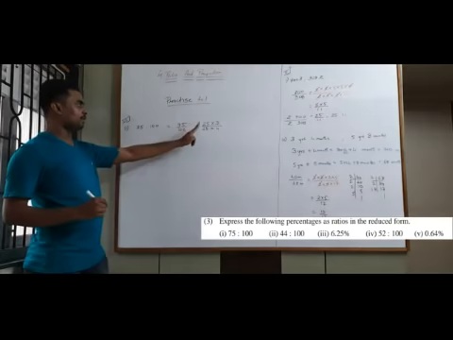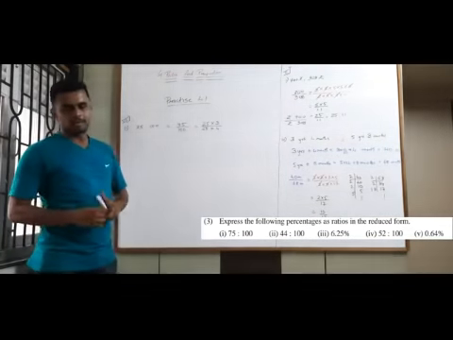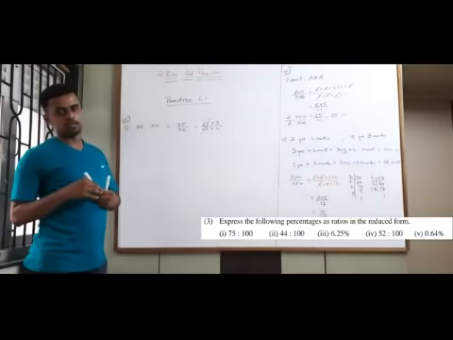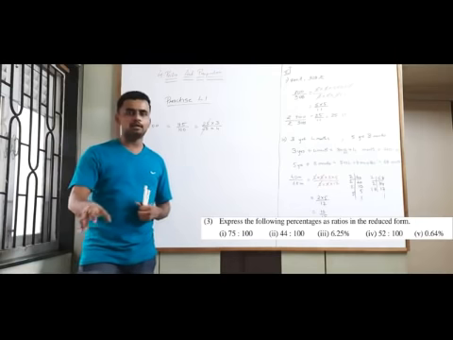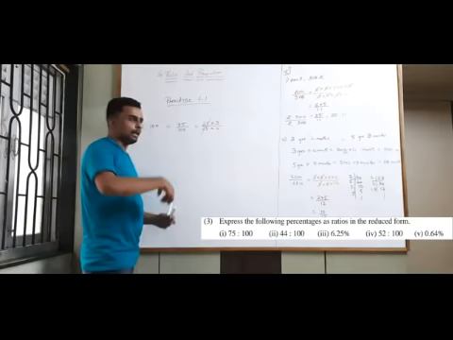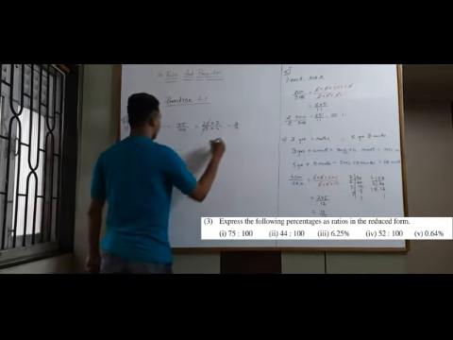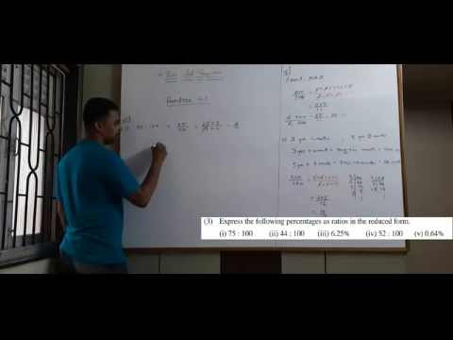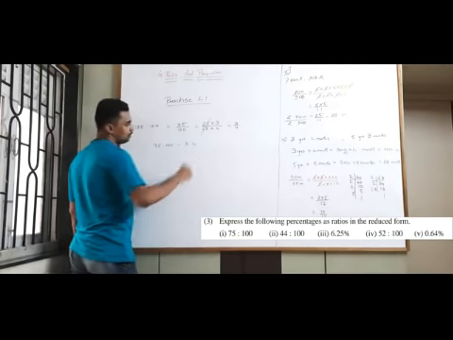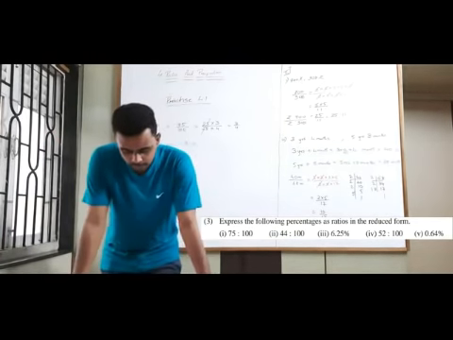So the factors of 75 are 25 and 3, factors of 100 are 25 and 4. Now I will do the cancellation, which is very simple, and the number 25, in numerator and denominator, will get divided, and hence what I am left with is my answer, that is 3 upon 4. Therefore 75 is to 100 will give me 3 is to 4. This is how we do the reduction of percentages.